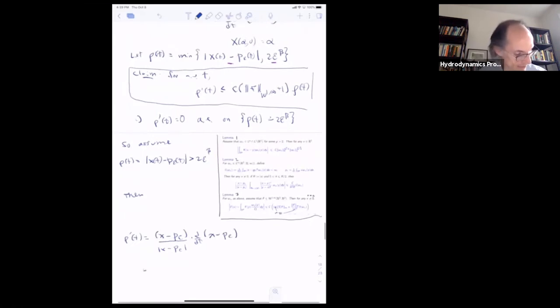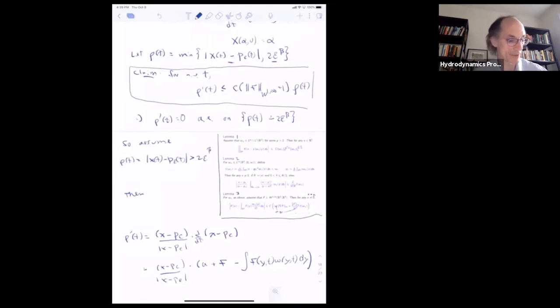And dx/dt is by definition u plus f. And then again, dp epsilon/dt we've seen several times is the integral of f of y, t times omega of y, t dy. Okay, and so that's what I have to estimate.